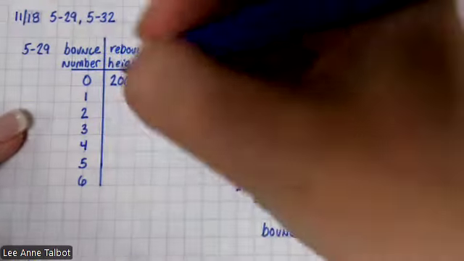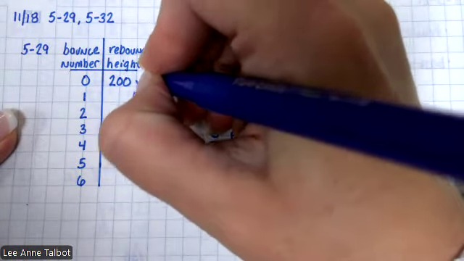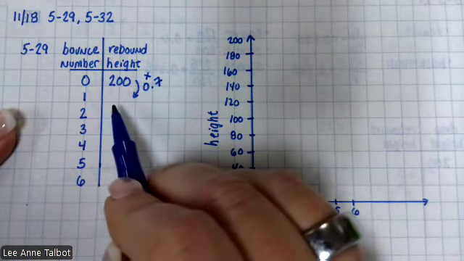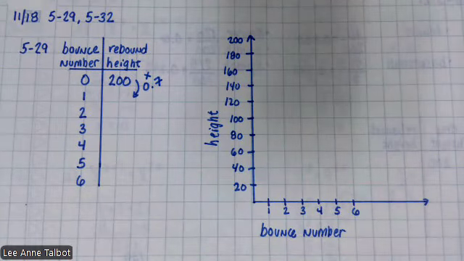Then the height at the first bounce would be 200 times 0.7. And what is 200 times 0.7?